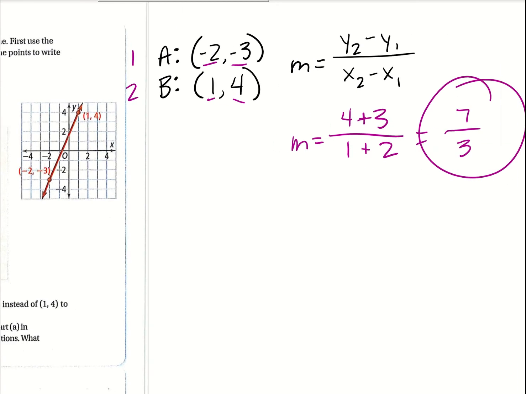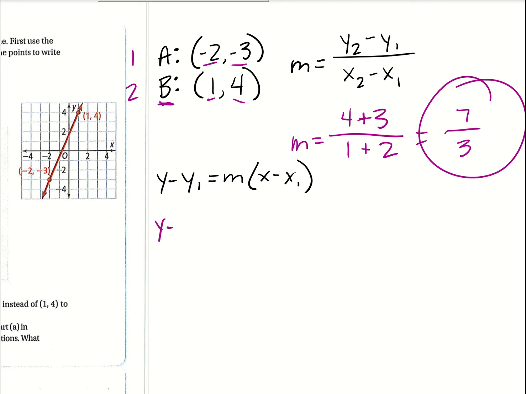Our next step, now that we've found our slope, is to start writing this into point slope form, sorry, not slope-intercept form. So we have y minus y1 equals m times x minus x1. Now we can plug in. The y stays the same. For y1, we can pick either of these points.